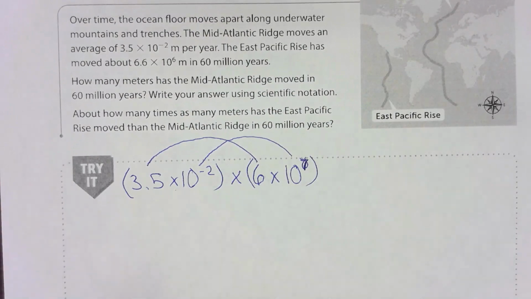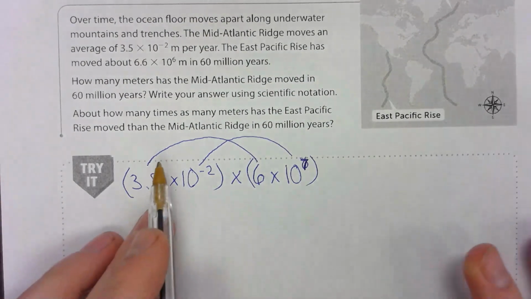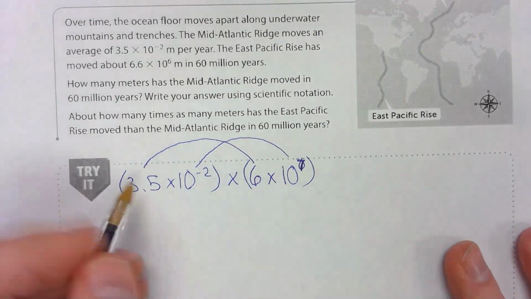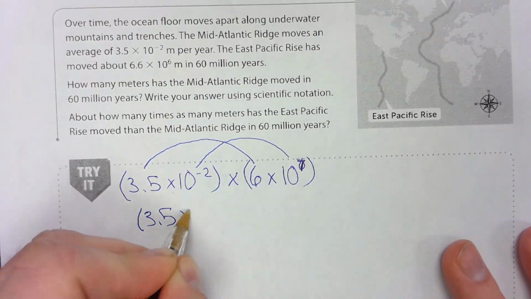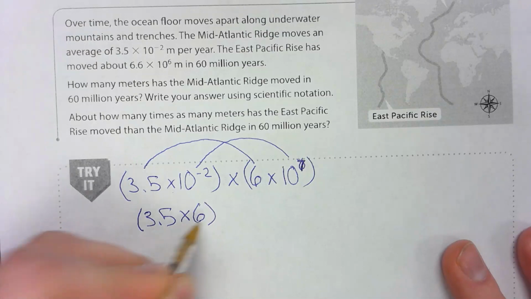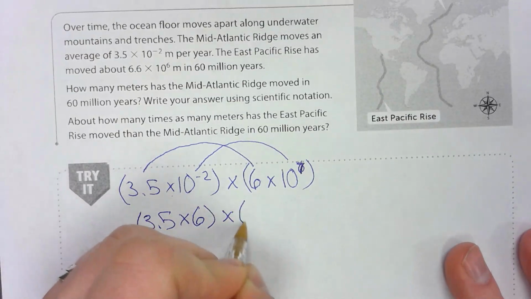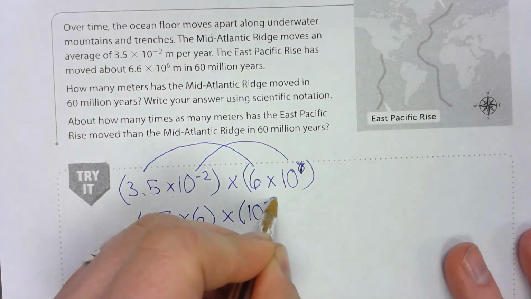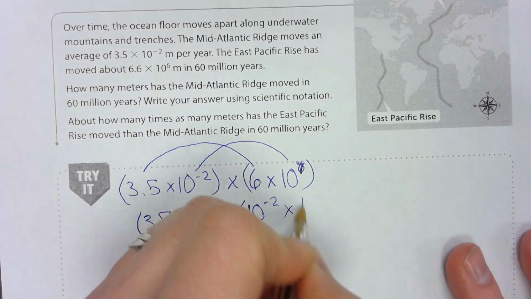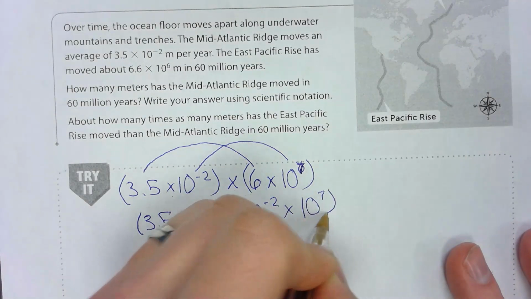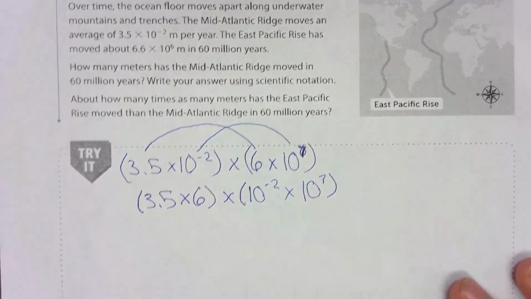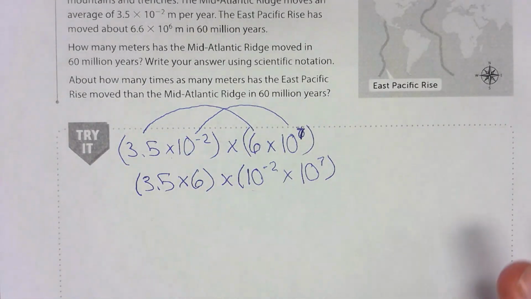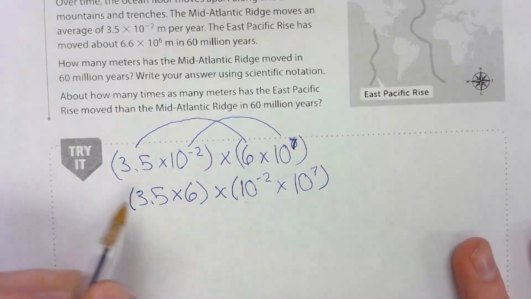I can reorder it however I want. So that's exactly what I'm going to do. I want to do this 3.5 times 6 first. And then I want to do this 10 to the negative 2 times 10 to the 7th power second, because if I do this, I'm going to maintain my 10 to the power of something.